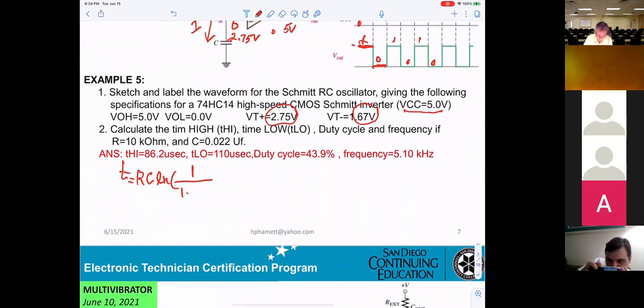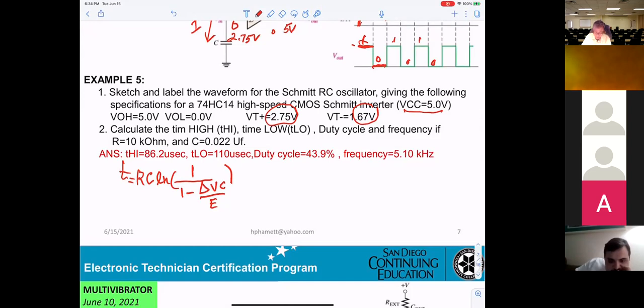Yes. 1 minus delta VC over E. So in order to calculate the time here, you need to know delta VC and E.